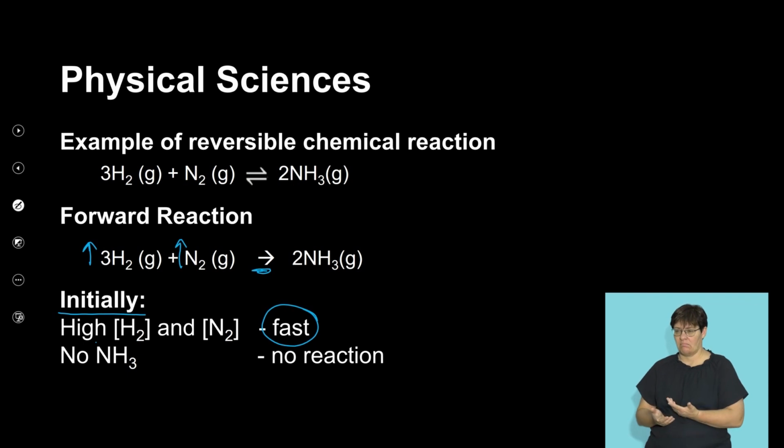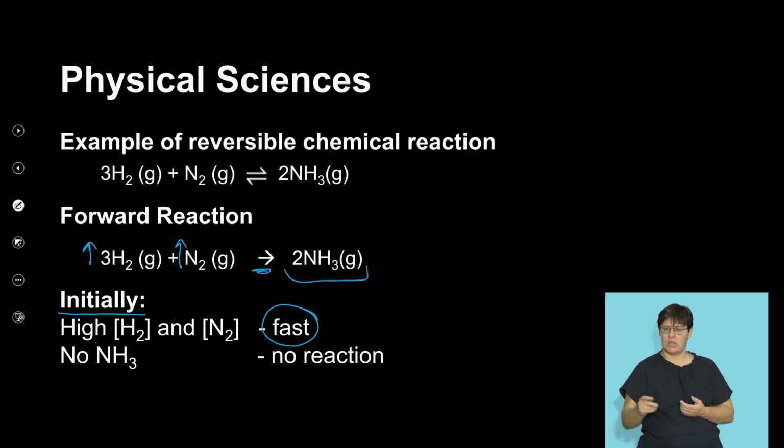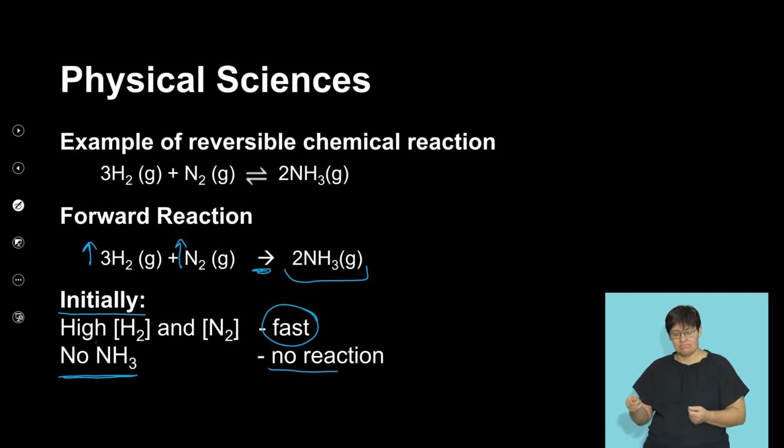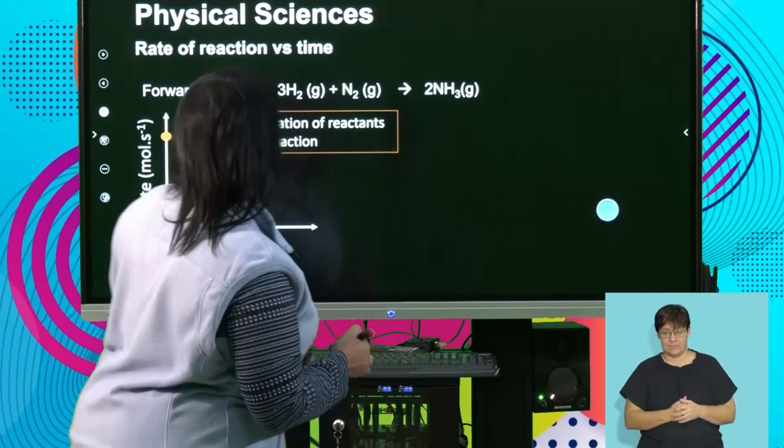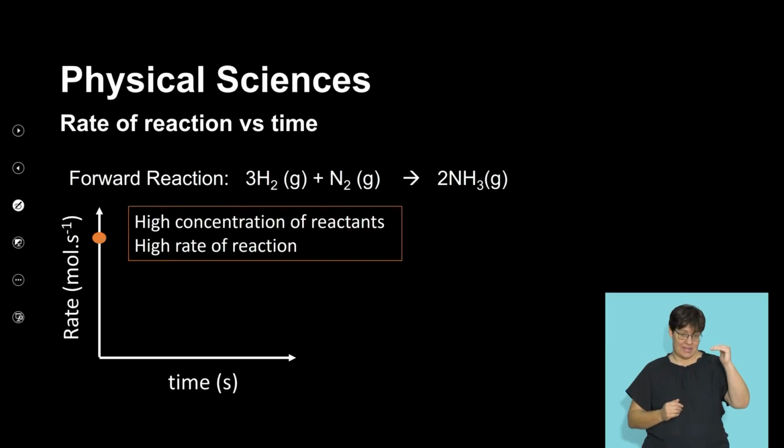What about the ammonia? In the beginning, there is no ammonia, therefore there will be no reverse reaction in the beginning. If I go to a graph and plot a rate over time graph, I can do the following. Remember, we started off with a high concentration of nitrogen and hydrogen.